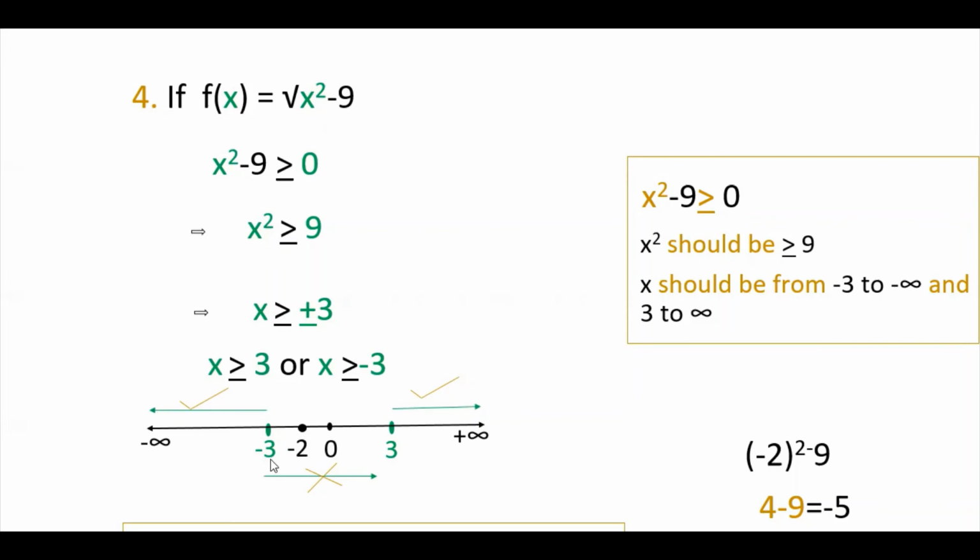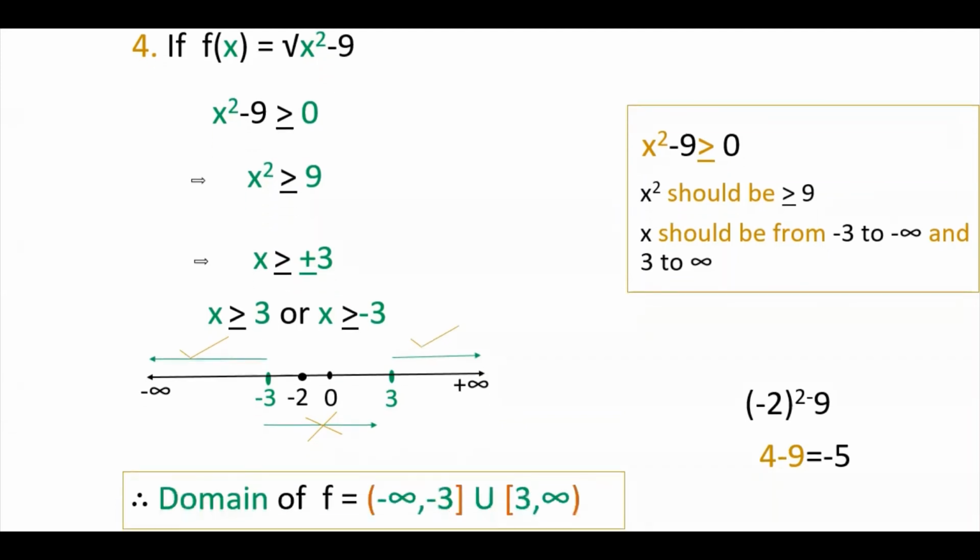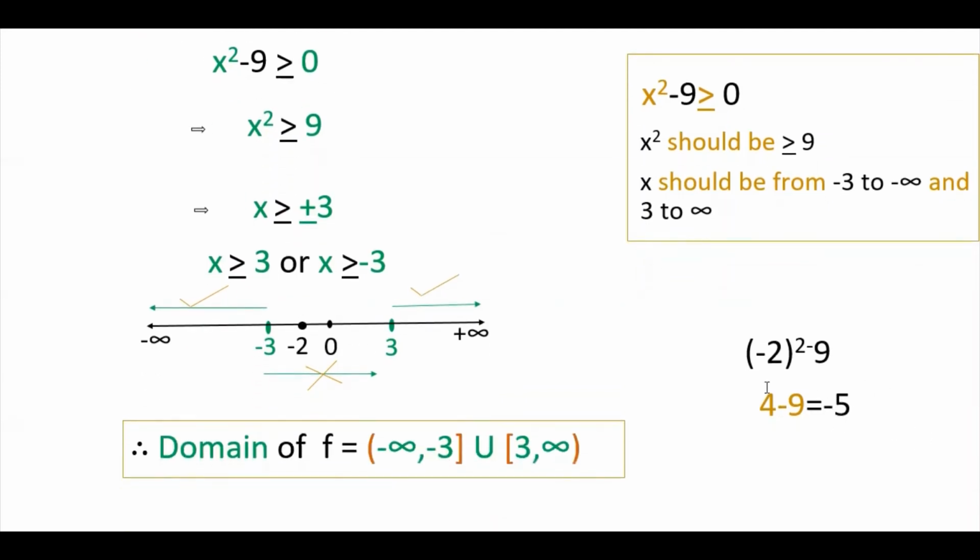So minus 2 is greater than minus 3. Minus 2 whole square minus 9, that is a negative number. And if you check 0, 0 minus 9, that is also minus 9, a negative number. If you check 1, 1 square minus 9, that is also minus 8, a negative number.